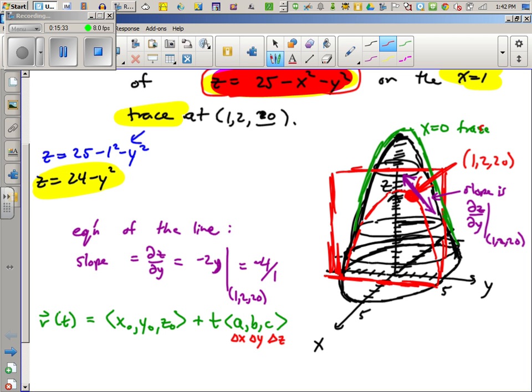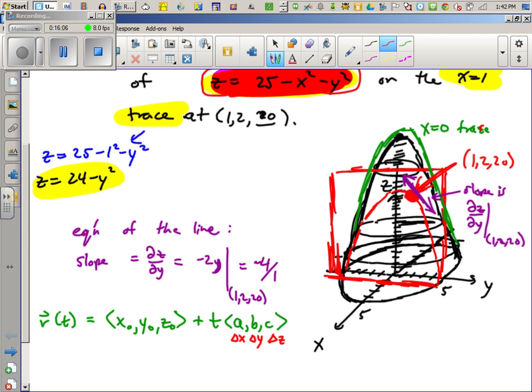Looking at this picture, I'm really glad we drew the picture for our first one here. You can see that dz dy was negative 4. I had you write it as a fraction for this purpose. You can treat this as your delta z, negative 4, and the 1 as your delta y. So we can steal the 4 and the 1 and put them in for our c and our b. The slope is dz over dy on the curve, but since the line is actually a straight line, you can change these back to deltas.